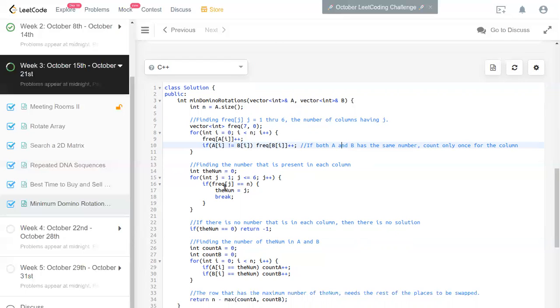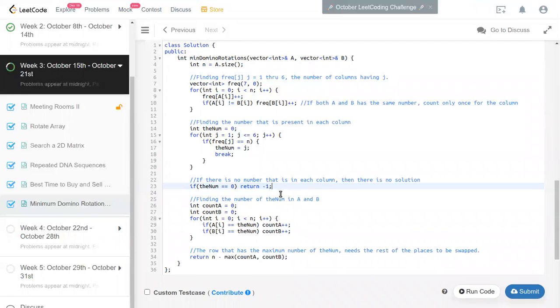Now for these frequencies, j equal to 1 through 6, this is going to tell me which number it is. Whichever is equal to n is going to be the number, and I'm going to remember the number. If we don't have the number, we cannot actually do it.